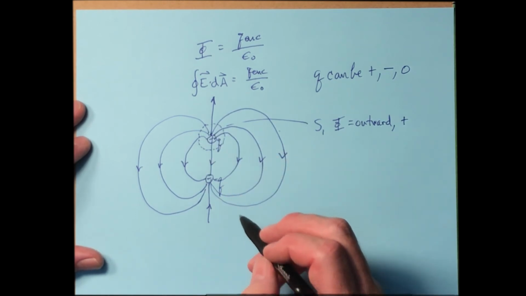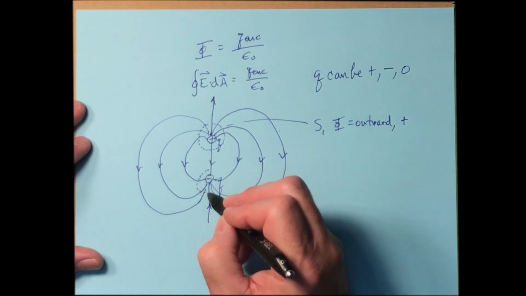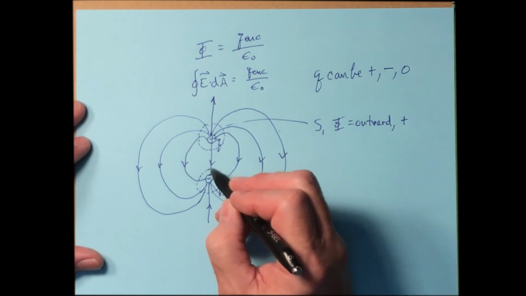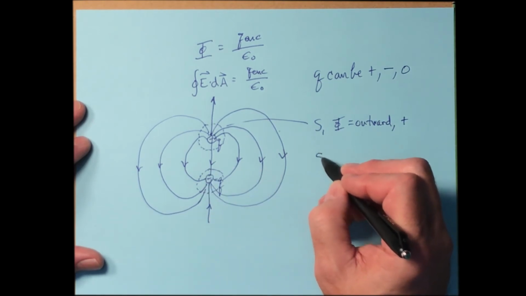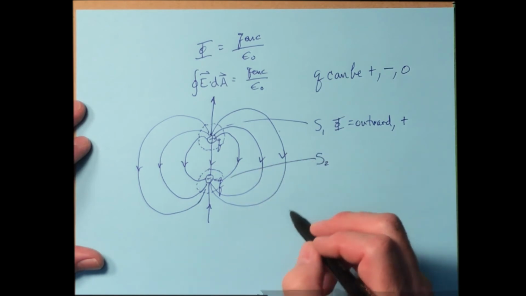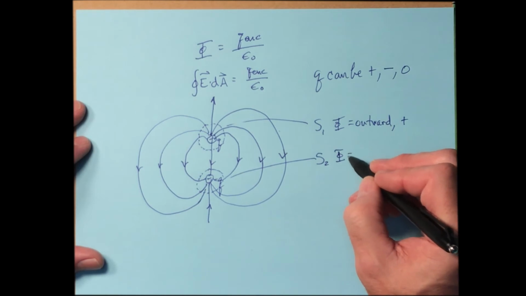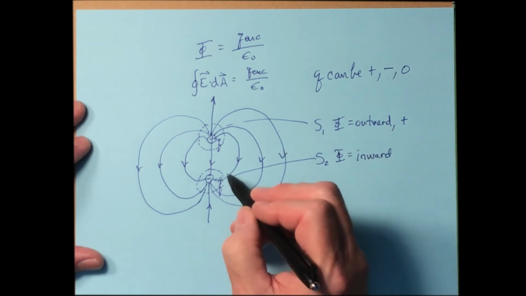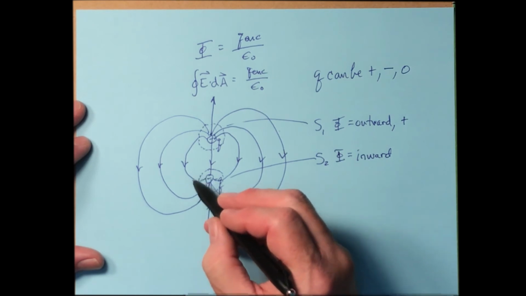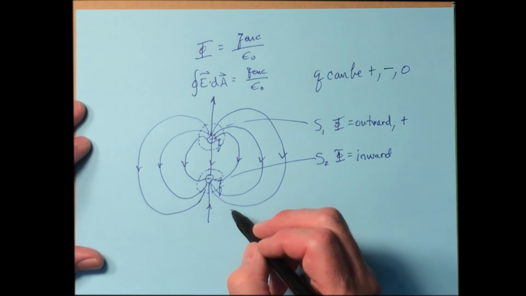All right, let's pick another one. Let's say I pick a nice sphere around the negative charge, just the negative charge. Let's call that surface 2. Well, what can we say about that? The flux is inward, because the electric field lines are going in through the Gaussian surface that I've chosen here.